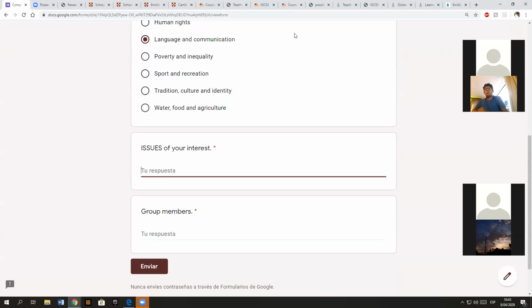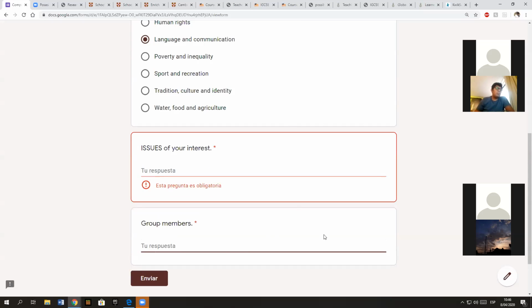For example, language and communication, which might be communication barriers, or difficulties. Why do so few people take the trouble to learn different languages or include languages like sign language or so on.